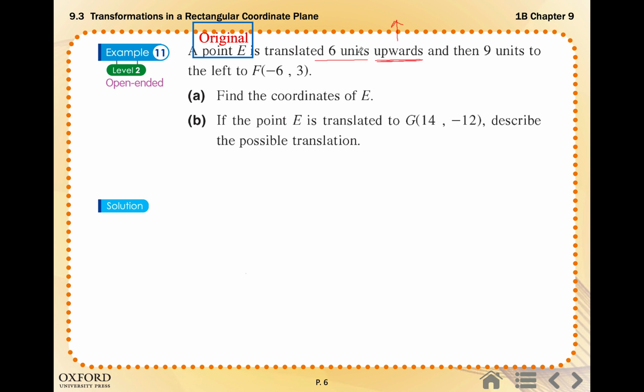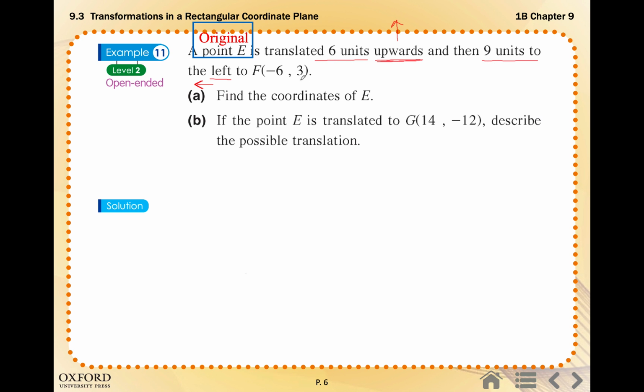But there is a further translation, and then 9 units to the left. Okay, you also know the distance and the direction. If it is to the left-hand side, you know that you have to change the x coordinate by -9, 9 units.